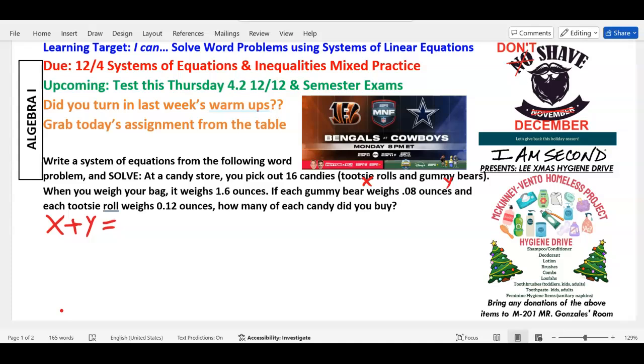We're just looking at how many total candies, Tootsie Rolls and gummy bears. What's the total candies? So the X plus the Y, the Tootsie Rolls plus the gummy bears, is your total candies, which is what? 16. All right, there's your first equation.